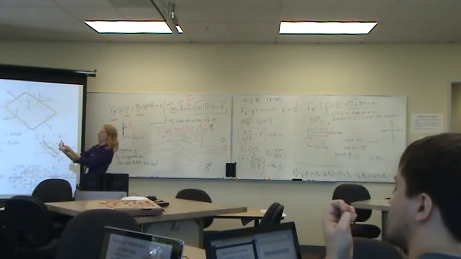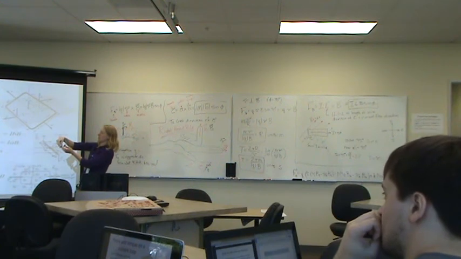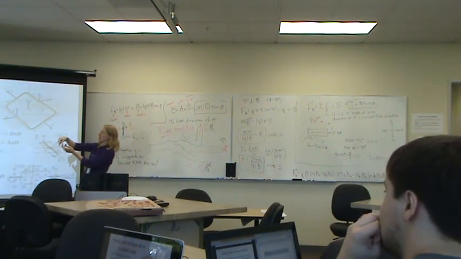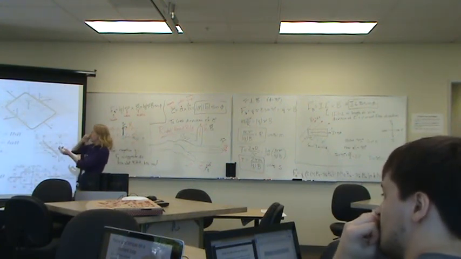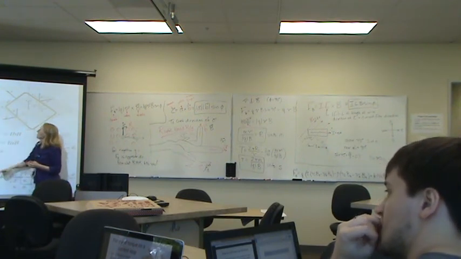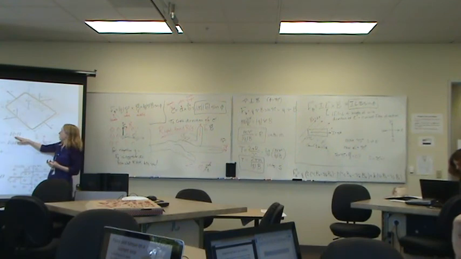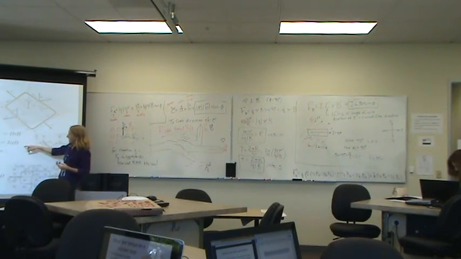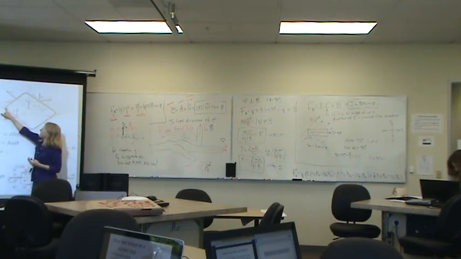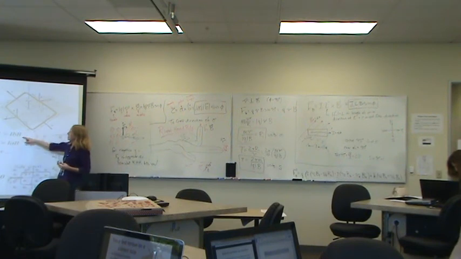So the current would be going straight up on this side and straight down on that side, which would be a 90 degree angle relative to the B field. So that gets rid of the sine term. So our forces here and here are I little b big B. And then these forces, F1 and F3, are the same, except the only difference is the length on this side was A instead of B. So we have IAB.